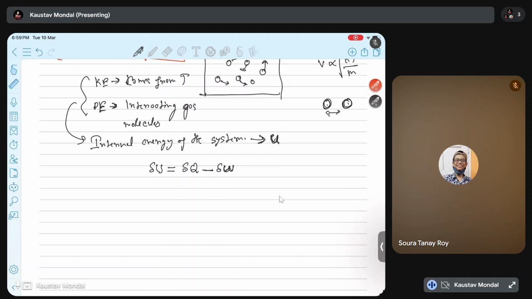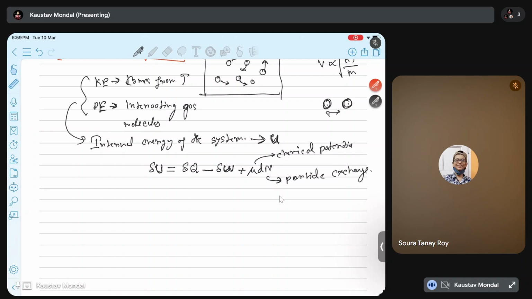If you consider an open system, where particles can also be exchanged with the surroundings, there will also be a third term, mu dN, where mu is the chemical potential of the system and dN is the particle exchange.